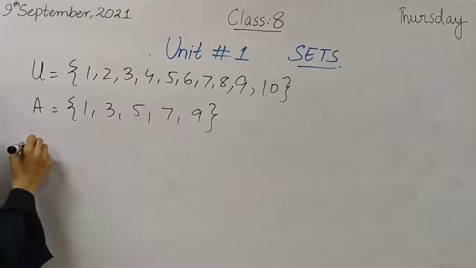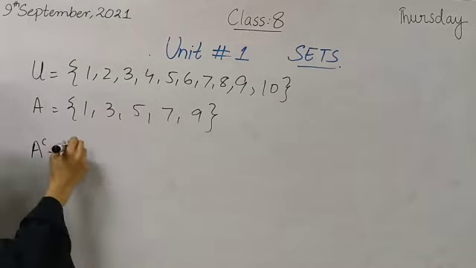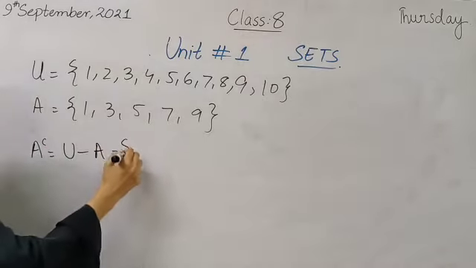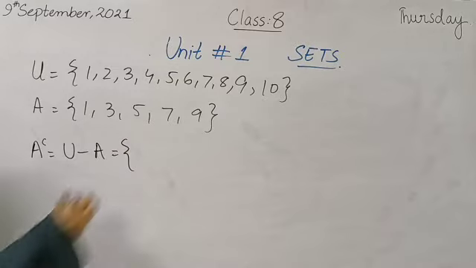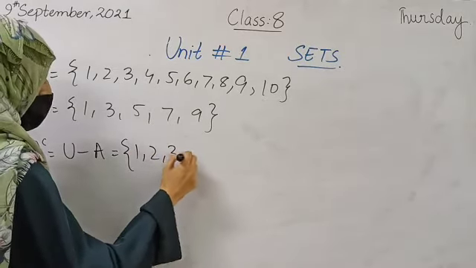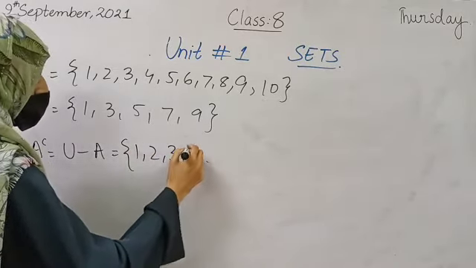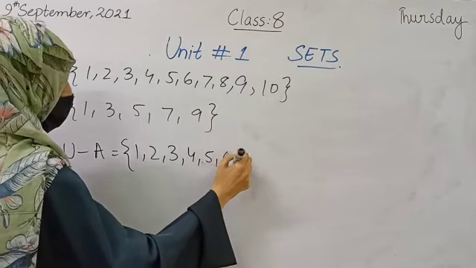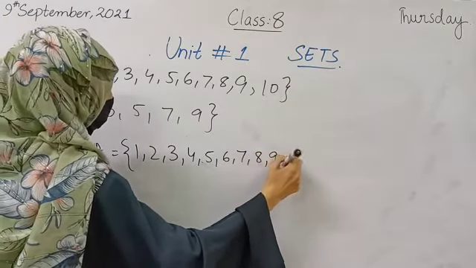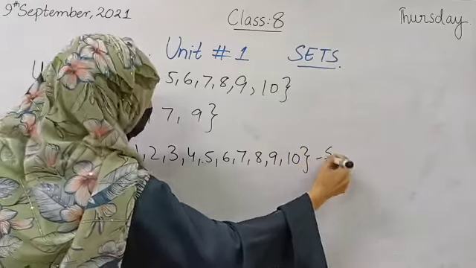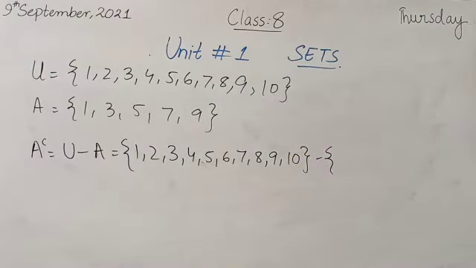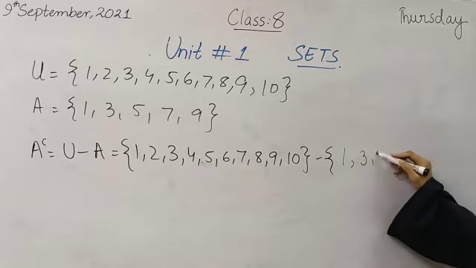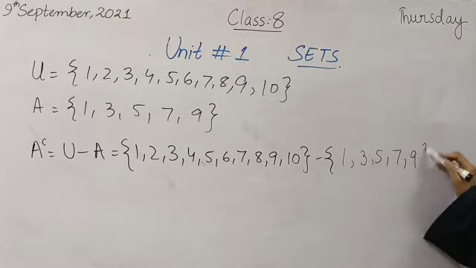A complement is equal to U minus A. What is U? 1, 2, 3 and so on till 10, minus what is set A? Set of odd numbers till 10, which are 1, 3, 5, 7 and 9.